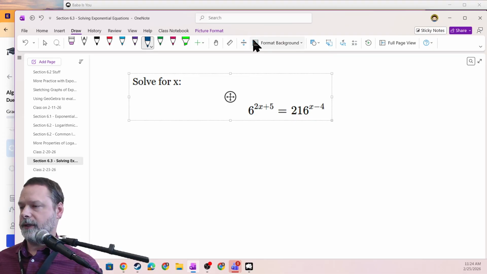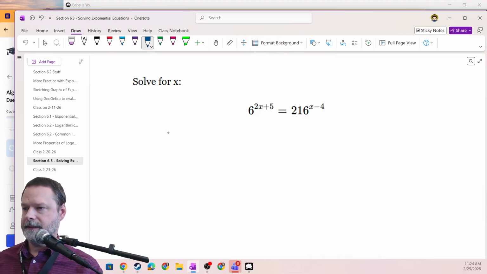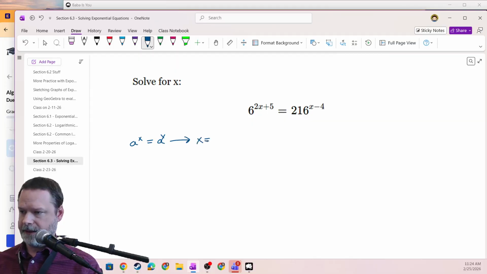We're going to use the idea that exponential functions are functions, and it's this property: if you have a to the x equals a to the y, then x equals y.